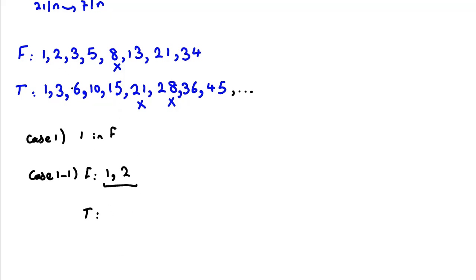Because we've selected 1 and 2, we can start with 3. And look, if you select 10, because we've not selected 5 here, 10 is not possible in this case.